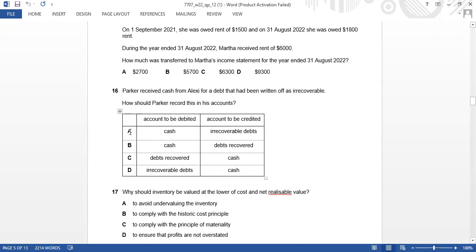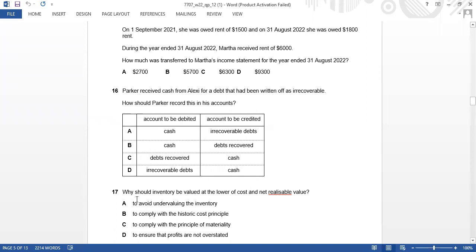So for 16, it is B, debt recovered. We won't be crediting the irrecoverable debt, because if we credit the irrecoverable debt, it will be income. Previously it was irrecoverable. Now it is recovered. So the debt recovered will be credited and we'll debit the cash account.